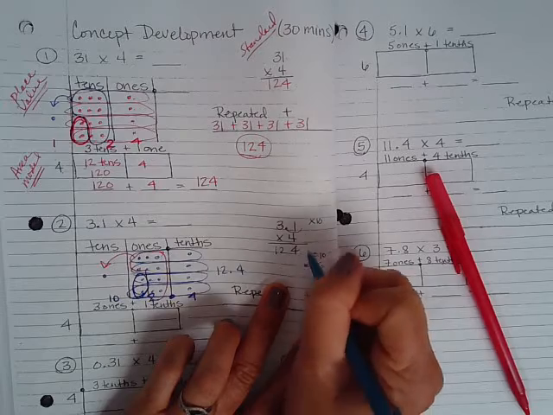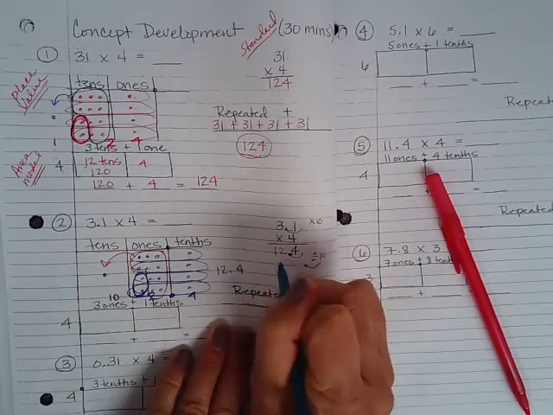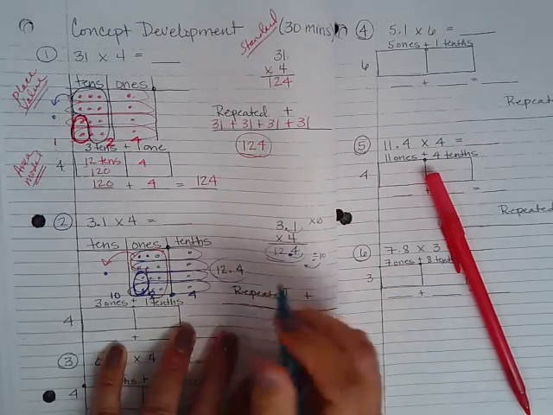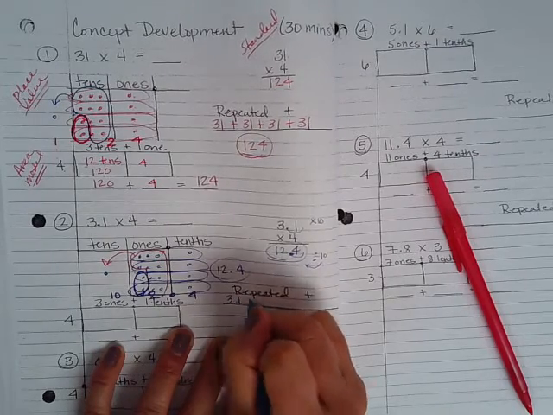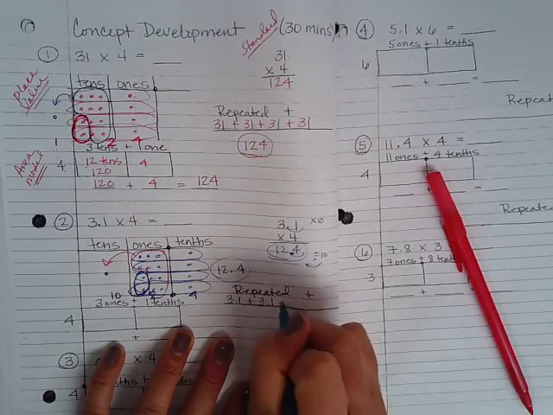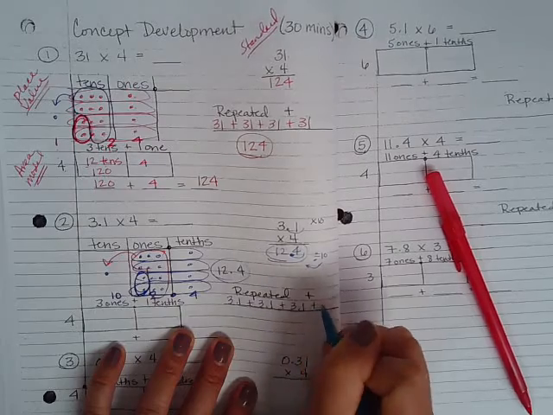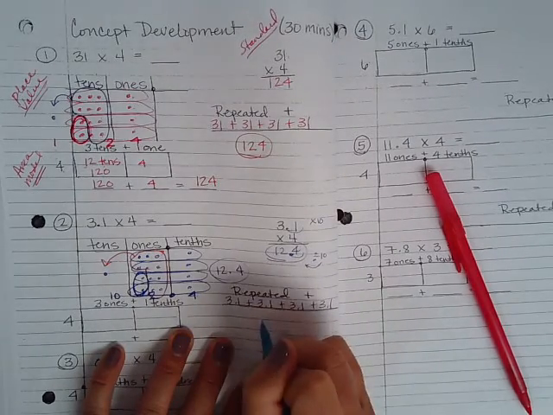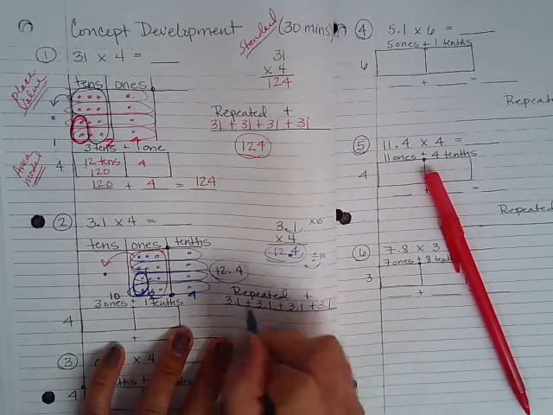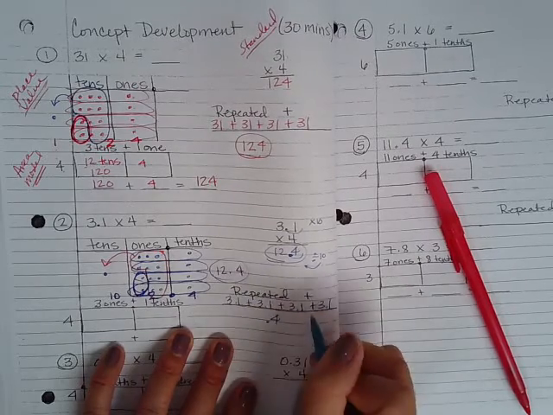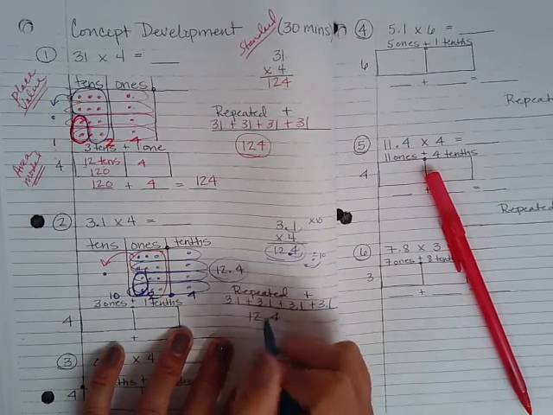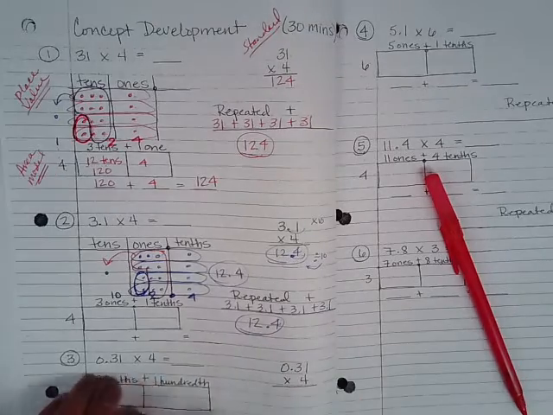Now I have to move my decimal back. Here we go. Then if we have 3.1 plus 3.1 plus 3.1 plus 3.1, we'd end up with 4 behind the decimal, and then we'd end up with 12 in front of the decimal.